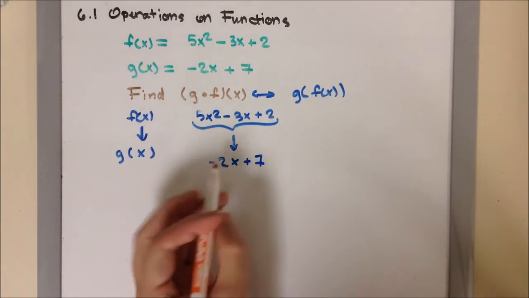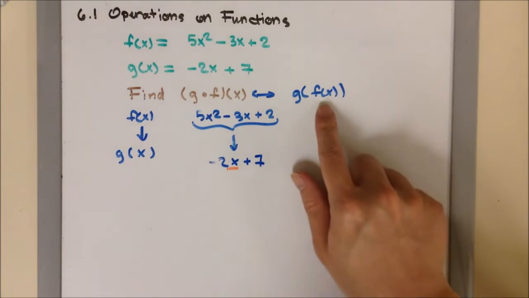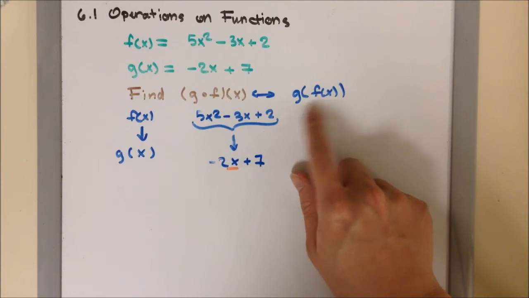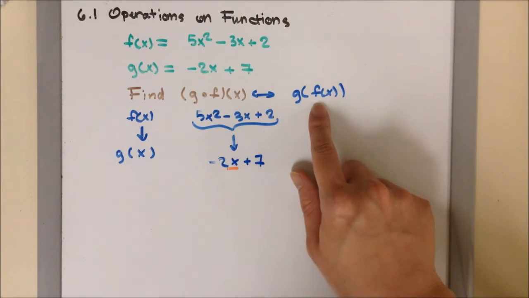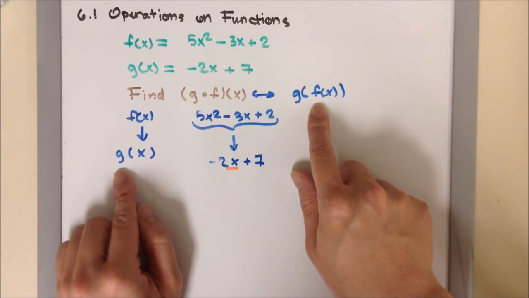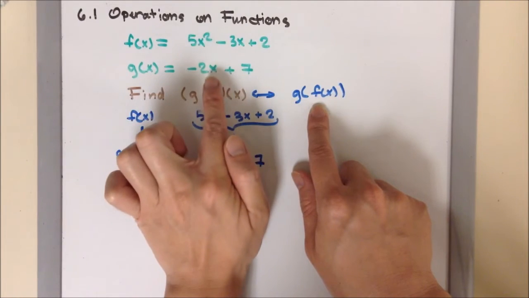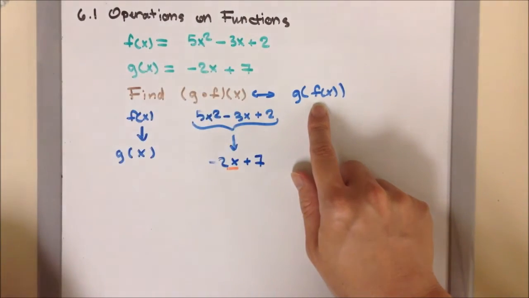So let me underline this x. So again, what's inside the composition? f of x is inside. That means that I'm going to plug in f of x into the x of g. So I'm going to plug in the function for f of x into this x of g.